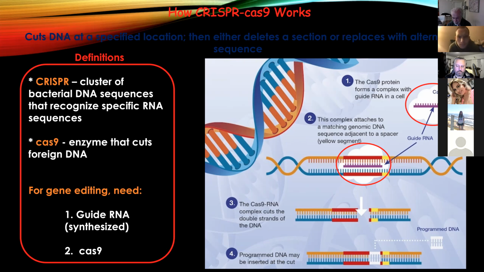If a piece is deleted, you've caused a deletion, or you can put in any sequence that you want. So for example, supposing your target was a mutated gene, and you made a sequence without the mutation, the wild type sequence, you could precisely cut out the mutant segment and put in the wild type segment.